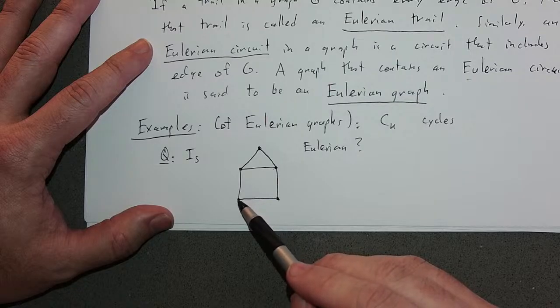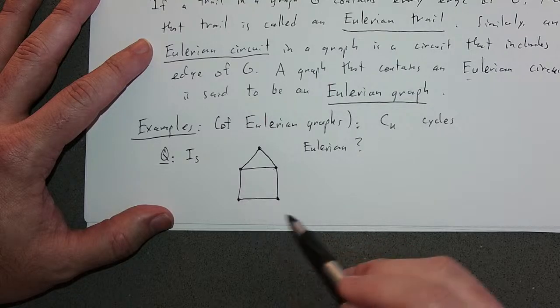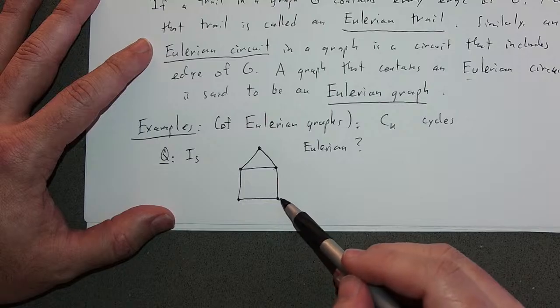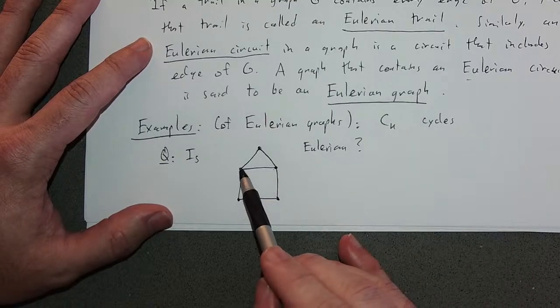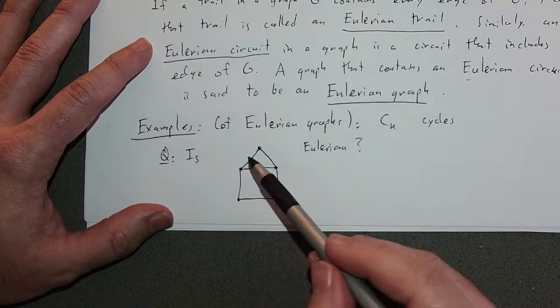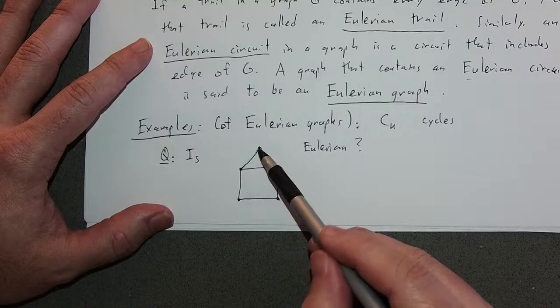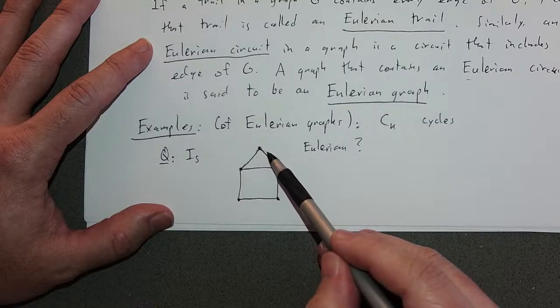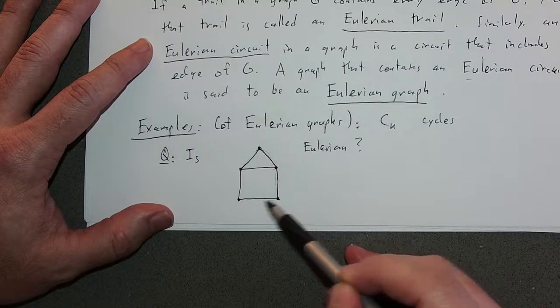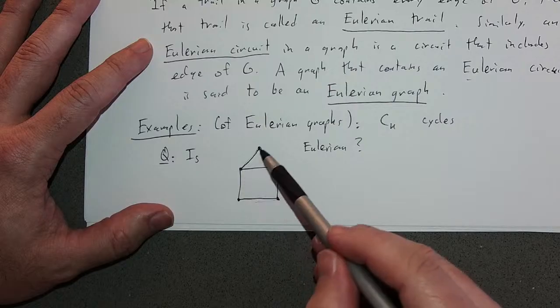Okay, so starting at this vertex, it seems like it's going to give us problems. For the same reason, it looks like starting here is going to give us problems. How about an Eulerian circuit if I start here? I've missed that.